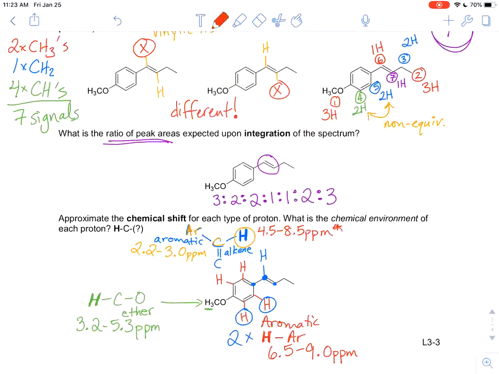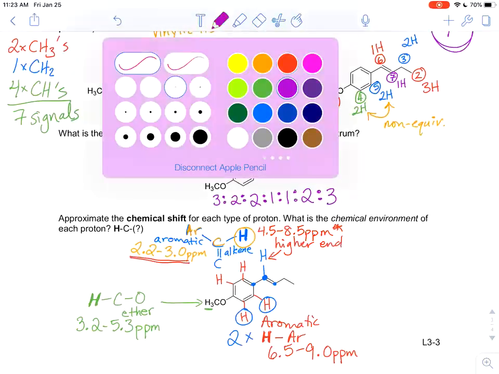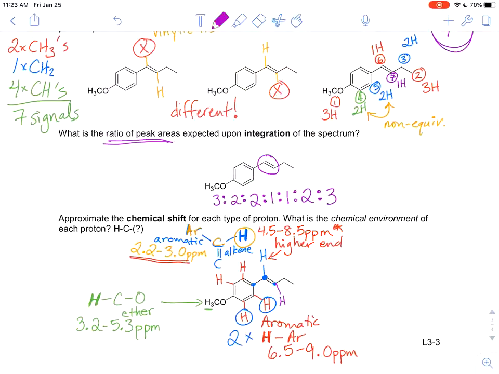4.5 to 8.5. All right, so this is the higher range. This is going to have a bigger effect. These effects are, however, additive because we also have the deshielding effect from the proximity to the arene group. It just means that proton in particular is likely to be on the higher end of that range. Great. Then we move on to our next proton, which is also a vinyl proton. It's a hydrogen connected to a carbon that's involved in an alkene.